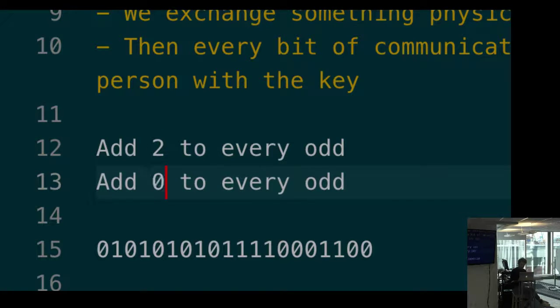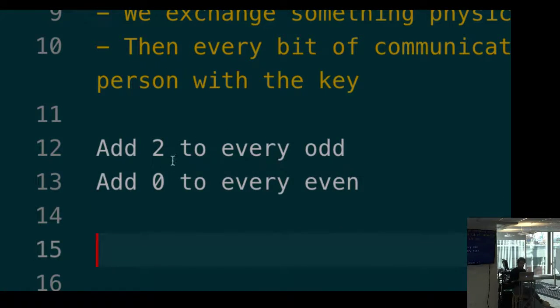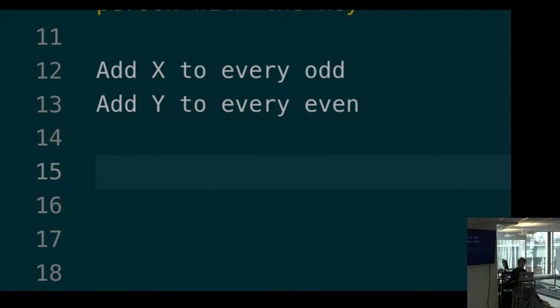I could even write it this way: add 2 to every odd, add 0 to every even. And then what I'm noticing here is that I've essentially got some parameters, right? This could be add x to every odd, add y to every even. And now this algorithm could be boiled down to essentially an x-y pair, right?